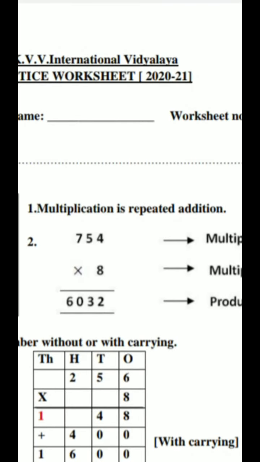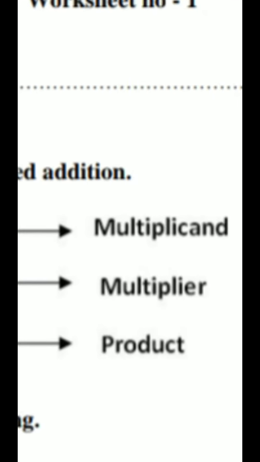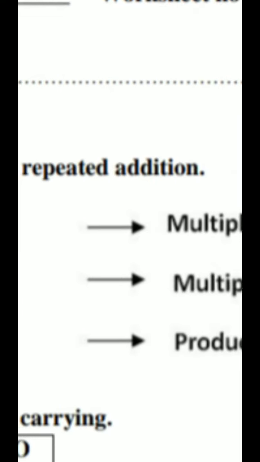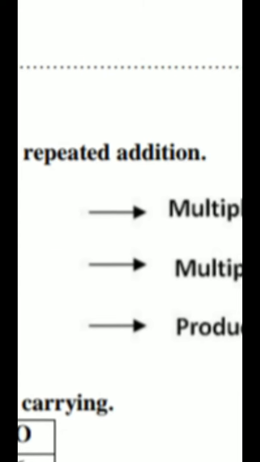We have 3 components of multiplication: multiplicand, multiplier and product. Multiplicand is the number to which multiplier is multiplied. So here 754 is multiplicand, and as we are multiplying 754 by 8, so 8 is a multiplier.